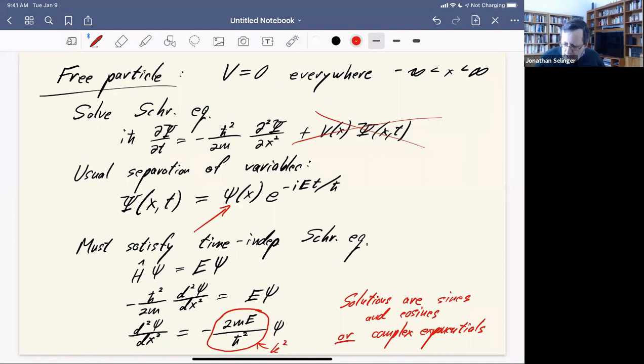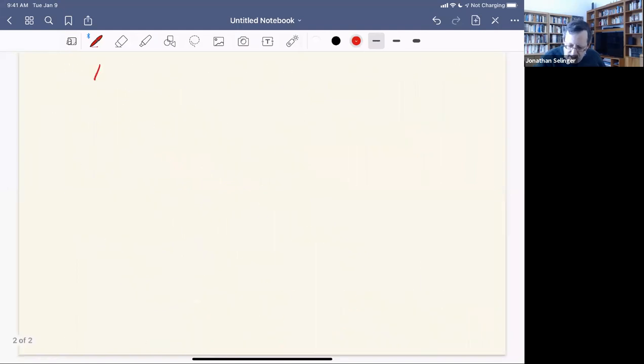So we have that k squared is 2mE over h bar squared, or equivalently, that the energy is h bar squared k squared over 2m.